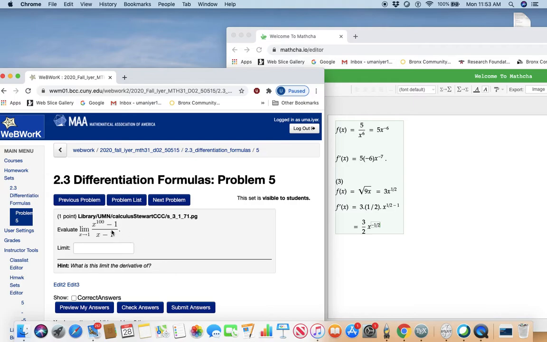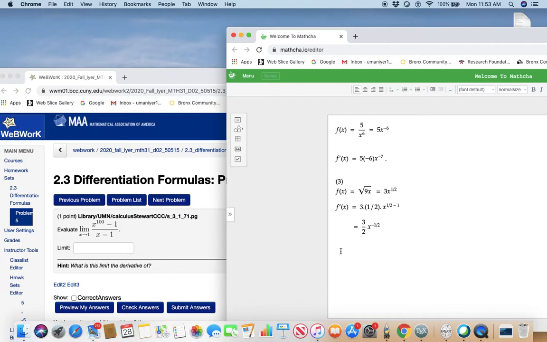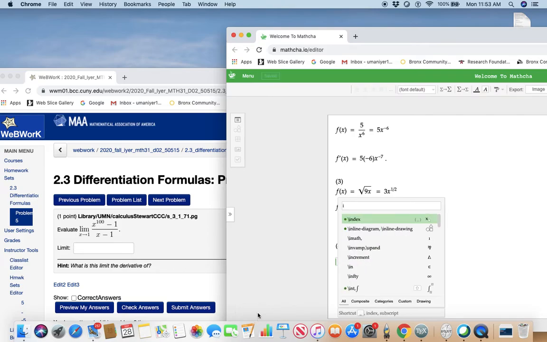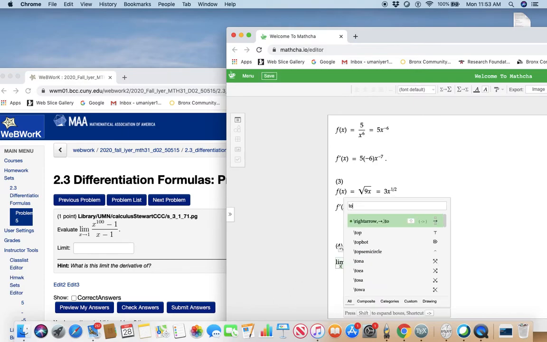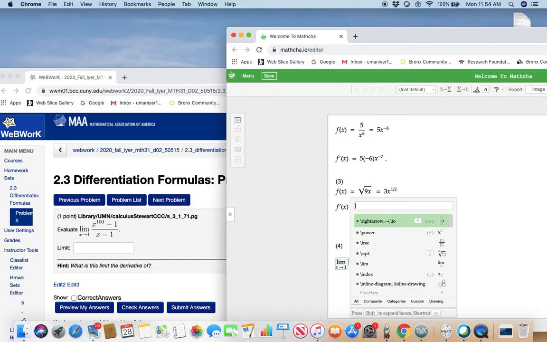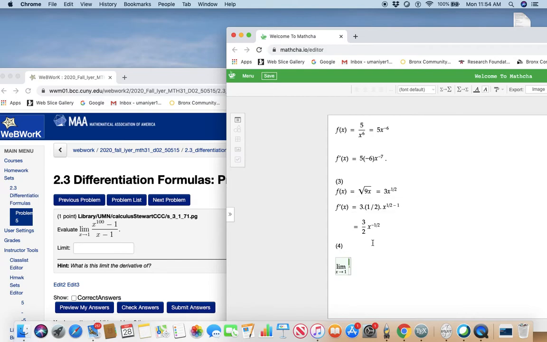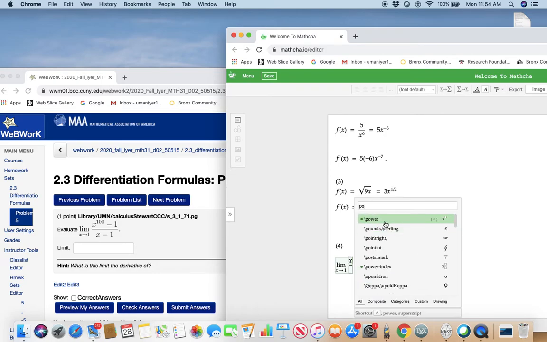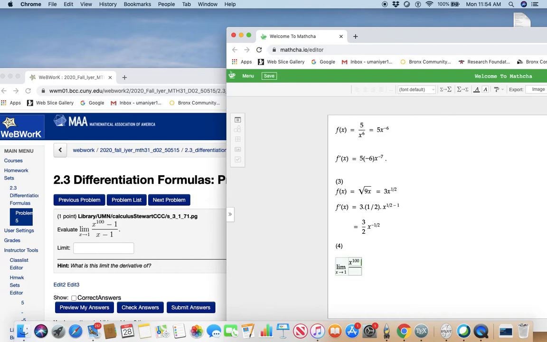Next. Here, what does this mean? Right? So this is the derivative function definition. The limit as x approaches 1 of the fraction x to the 100 minus 1 over x minus 1.